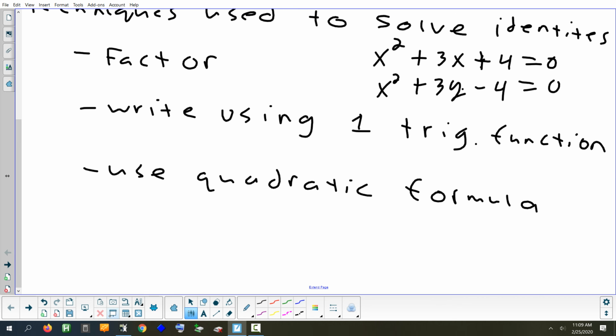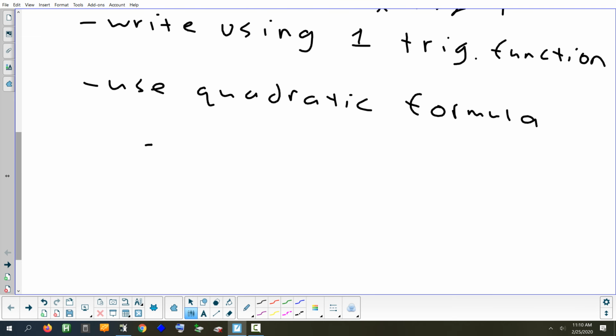Now, quick note about quadratic formula. If I just make up something like 8x squared plus 4x minus 5, when you use quadratic formula, what are you solving for in that problem?